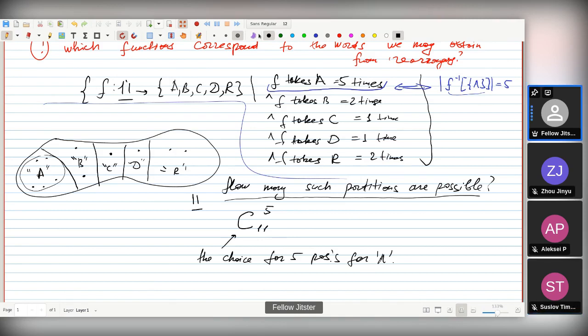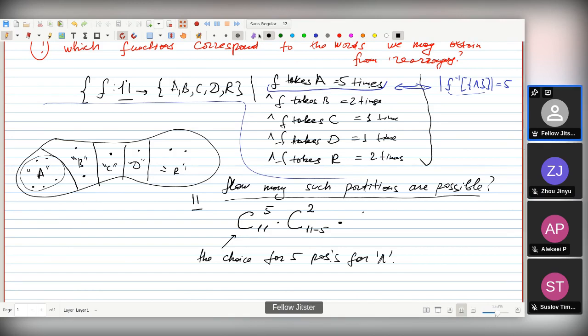What's next? Assume we have chosen 5 positions for A. What should we do next? Multiply it by how we can choose B. Choose 2 positions for B, but out of how many? 6. 11 minus 5. Everything except those positions reserved for A. Is it clear? Yes.